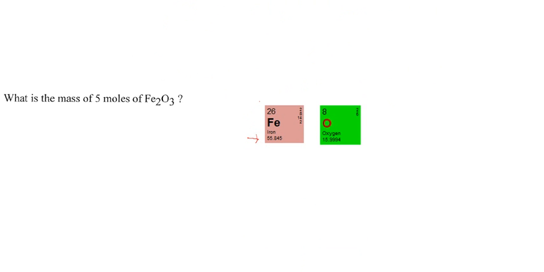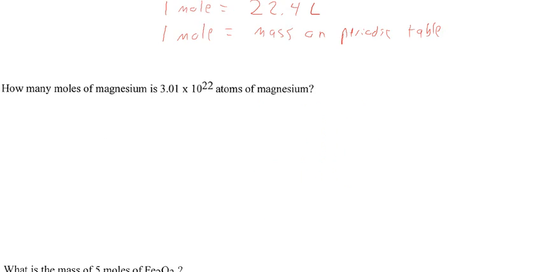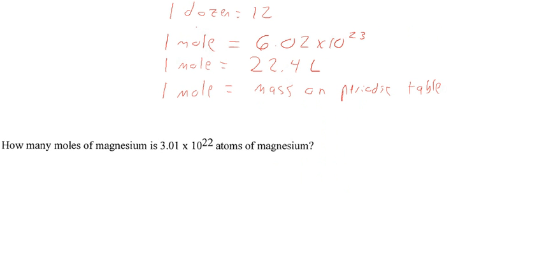Okay. Oxygen is a smaller atom. There's only 8 protons in oxygen versus the 26 in iron. So all I would need to have 1 mole, or 6.02 times 10 to the 23rd oxygen atoms, would be to have 15.9994 grams of it.